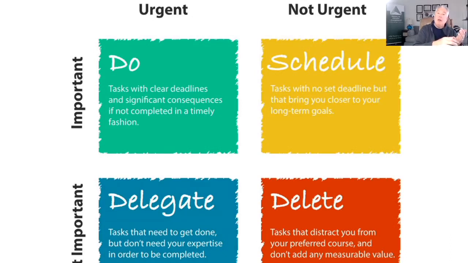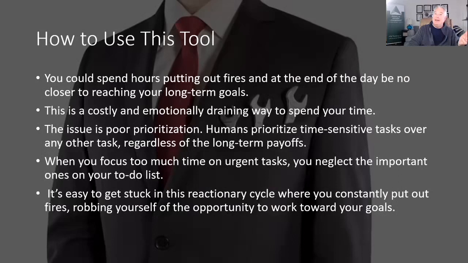And then there's the not important, not urgent. Those are the time wasters that we naturally encounter during our work days. We've got to identify and minimize those in order to wrest the control of our time away from others and be able to manage it ourselves.